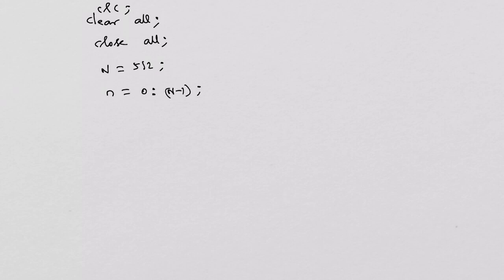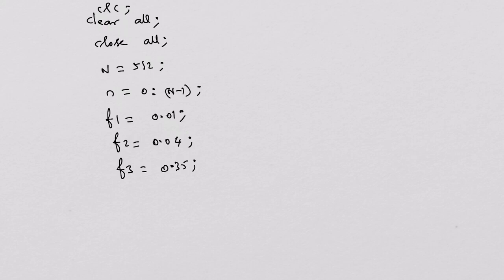Yes, the time axis is ready. Let me define those frequencies. F1 is equal to 0.01, F2 is equal to, for example, 0.04, and F3 is equal to 0.35, as I have told you already. It's generating sinusoidal signal components of three different frequencies. That was our objective.